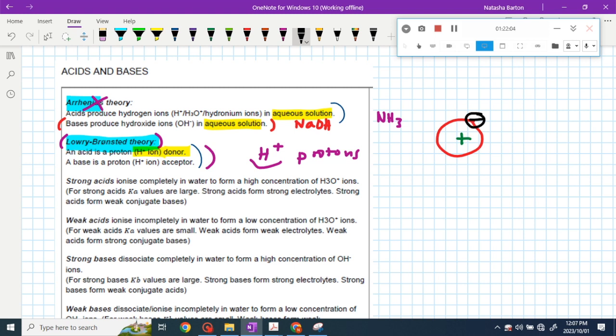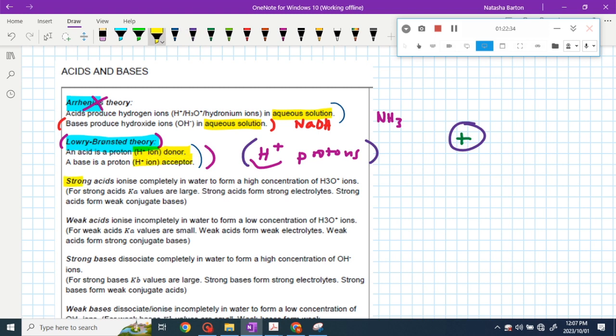Now look at this. If I take away the electron in that hydrogen atom, what am I left with? A proton. So guys, the reason why we talk about H+ ions as protons is because they are technically just protons. Okay, but if you missed that at some point in your life, this is your day. Proton is a hydrogen ion in this section. If we are talking about a base, it's a proton acceptor.